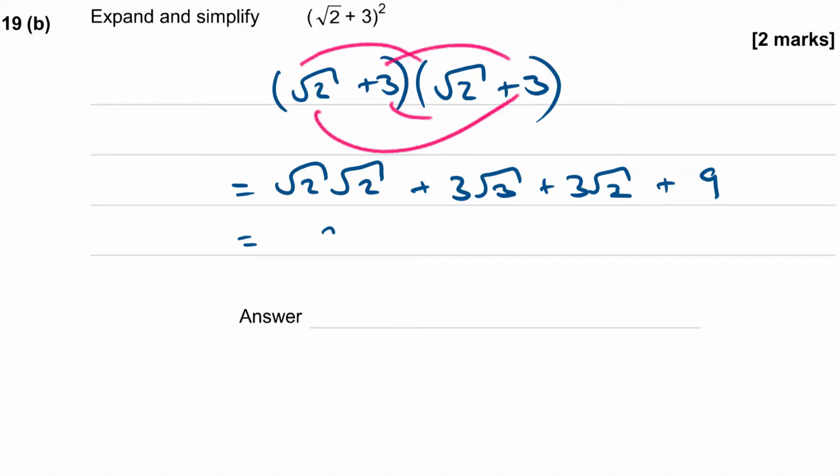Root 2 times root 2 is 2. 3 root 2 plus 3 root 2 is 6 root 2, plus 9. So 2 plus 9 is 11. So it's going to be 11 plus 6 root 2 is our solution.